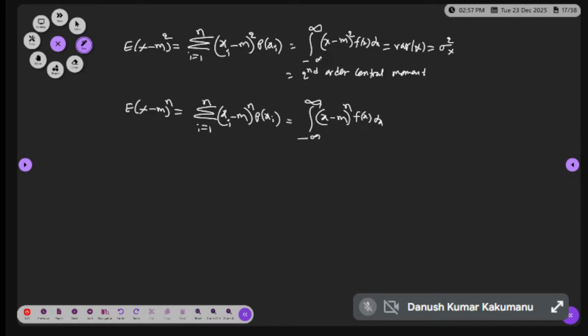Here f of x is the PDF. This is called the nth order central moment.